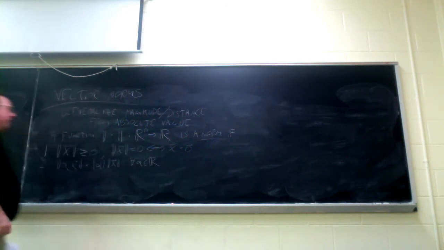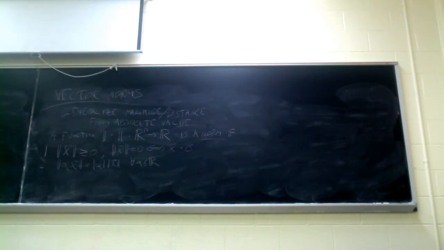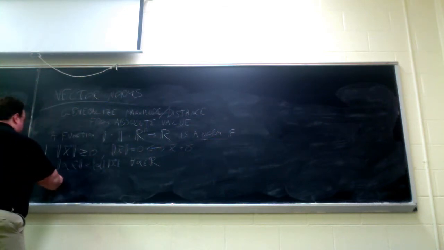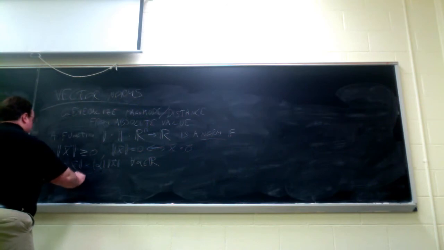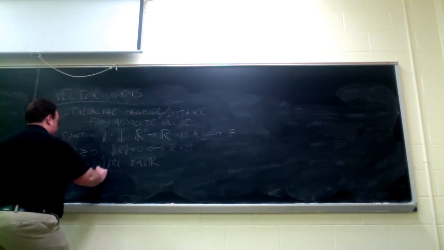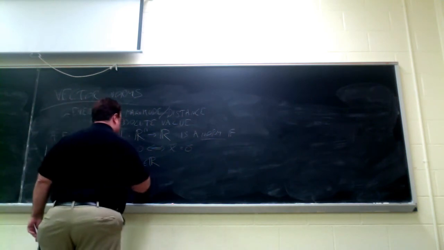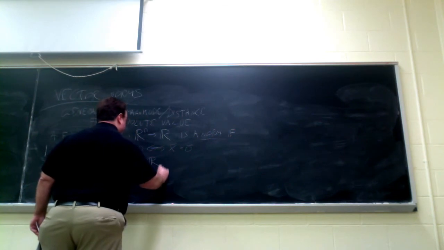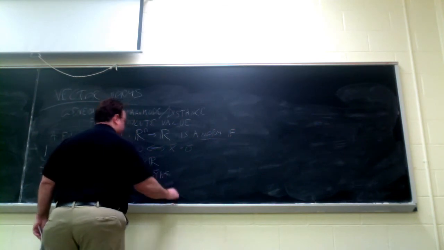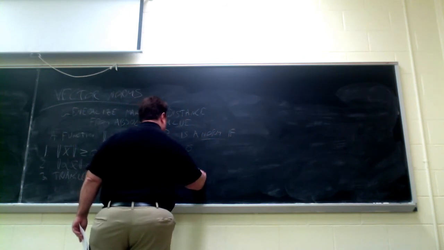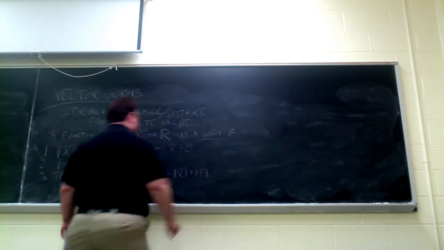Okay. If this were complex, then we'd be talking about complex modulus in this case. And third, you're all familiar with the triangle inequality: the norm of a sum is less than or equal to the sum of the norms.